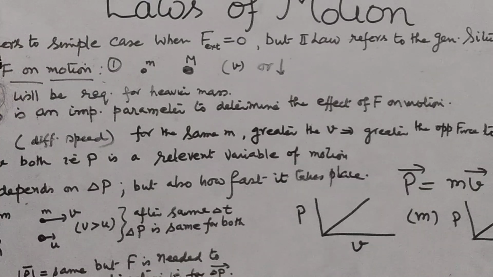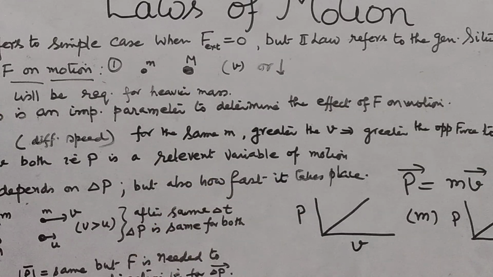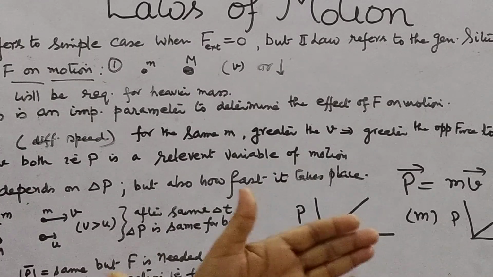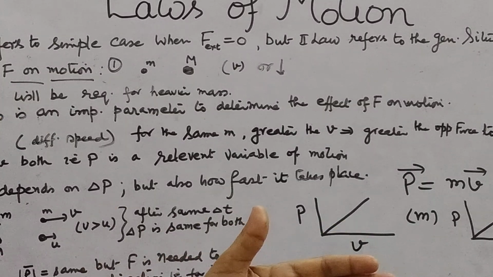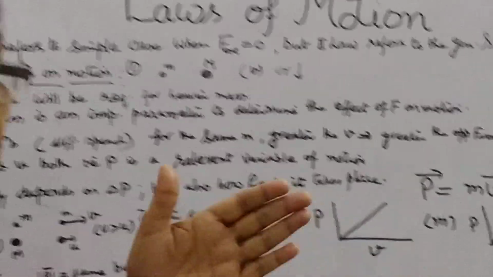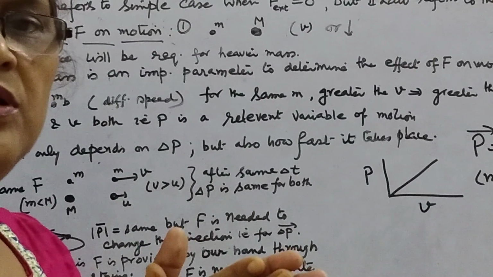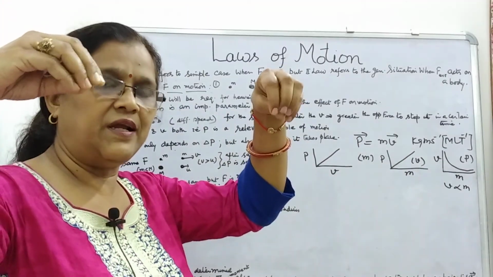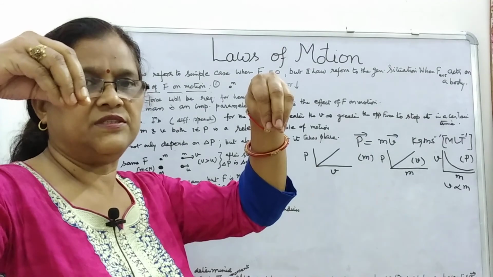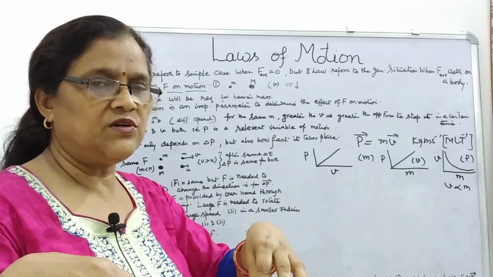You can also understand that if a heavier body and a lighter body are coming towards you and you have to stop them, lesser force is applied to stop the lighter object, and the heavy object needs a larger force to be stopped. Similarly, if two masses, one lighter and one heavier, are falling freely, their velocity in free fall is the same.